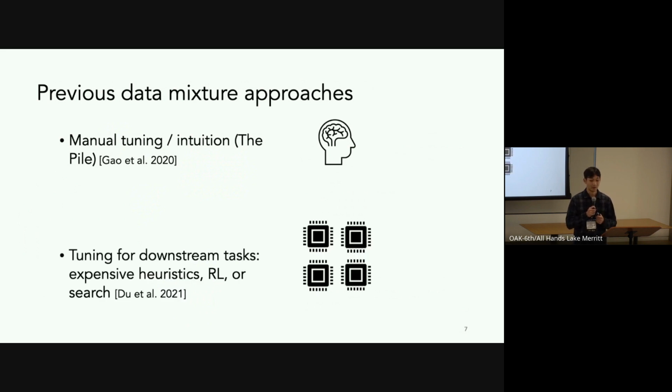Another is tuning for downstream tasks. You gather some representative set of downstream tasks, and then you might use some kind of expensive heuristics or RL or search. The reason it's expensive is because pre-training is now in the inner loop. Whenever you test a new set of weights, you need to pre-train and then see what the effect was. You might end up training hundreds or maybe thousands of models here.